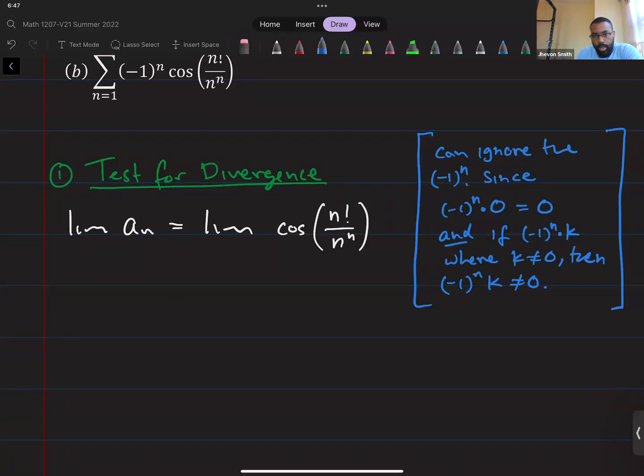Cosine is a continuous function. We know that limits can pass in and out of continuous functions. This is actually something that we saw in the test.